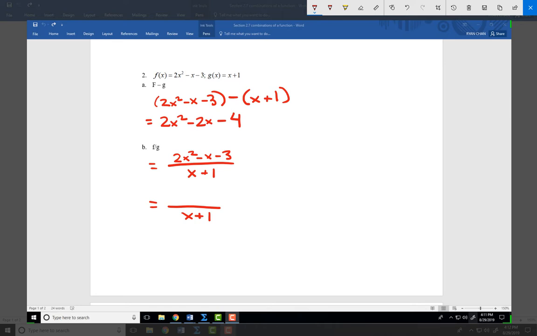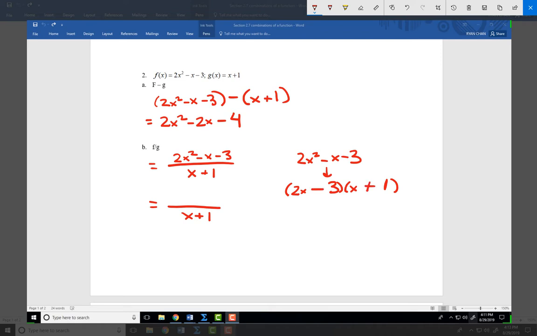So for the top, let's just remember quickly how I factored this right here. This becomes 2x and x. And then it's either going to be 1 and 3 or 3 and 1. It's more likely that the 3 is going to be here, because it's going to cancel out. So I'm going to put the 1 here. And then I'll put the minus and the plus here, okay?